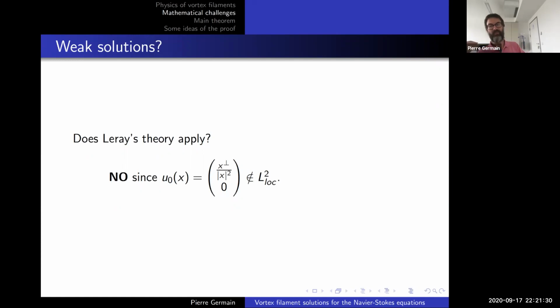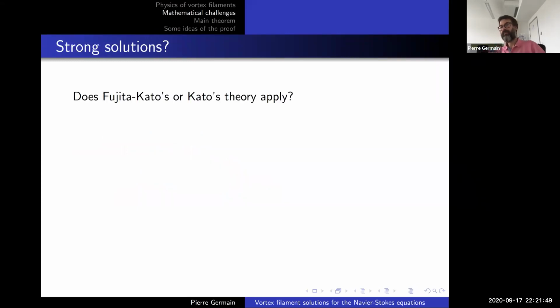Okay, so Leray's theory and its extensions to locally L2 velocity fields cannot apply. So we need to do something else. Well, of course, the next step is to turn to strong solutions. As we know, the optimal framework for strong solutions is given by functional spaces which are scaling invariant.